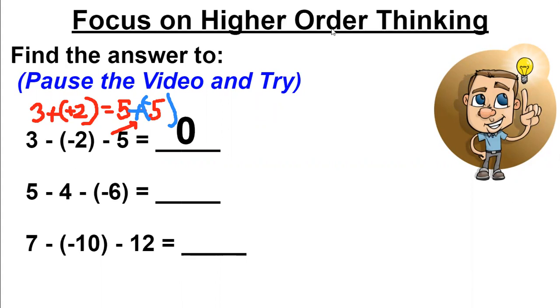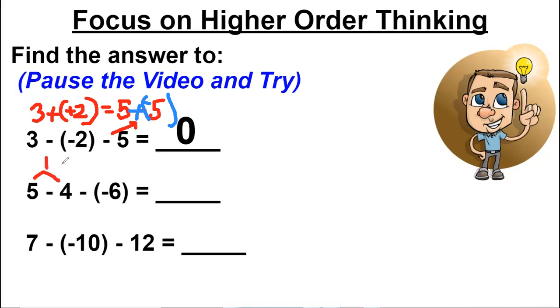Our answer is 0. Okay, look at the second one. We'll do the third one together in a minute. 5 minus 4 minus -6. So first we do 5 minus 4. That's pretty easy. We could change it to plus -4 if we wanted, but I just know 5 minus 4 is 1, right? And then I'm going to subtract the -6.